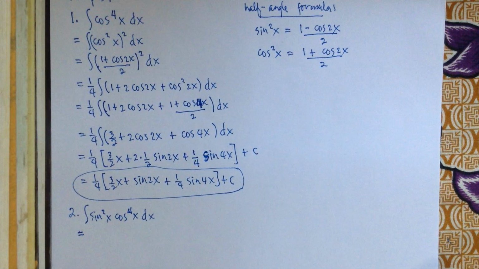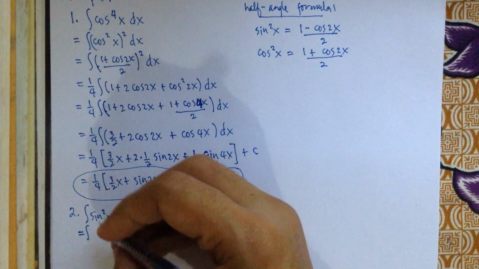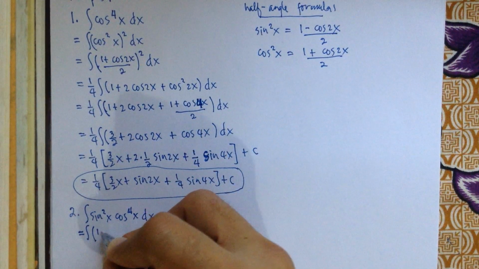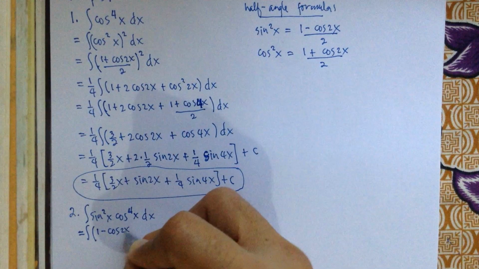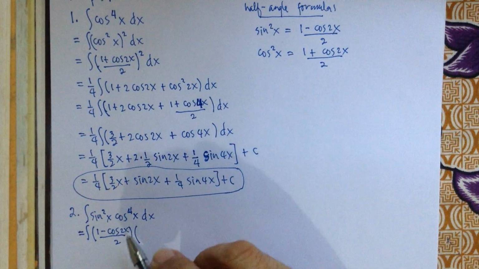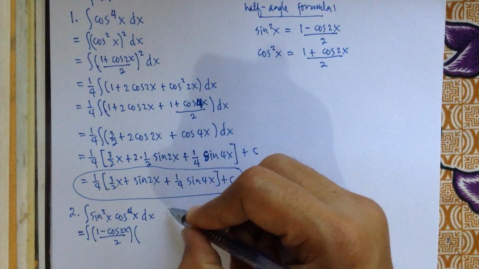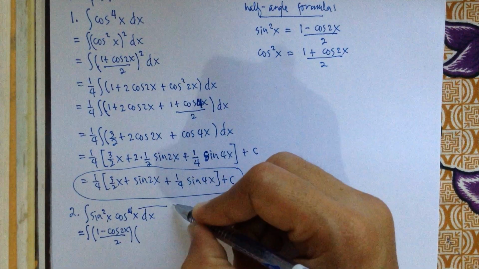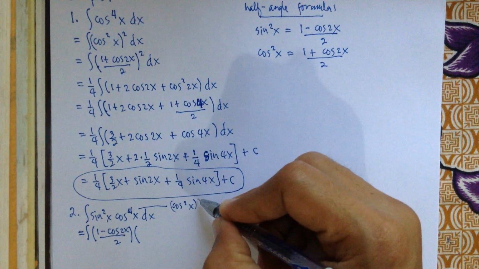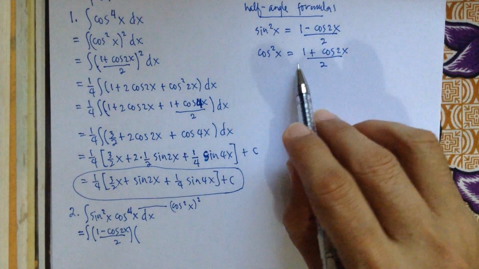Half angle formula says that sine squared x is 1 minus cosine 2x over 2, and cosine to the fourth of x can be written as cosine squared x raised to 2, right? Okay, and we express this using the half angle formula.